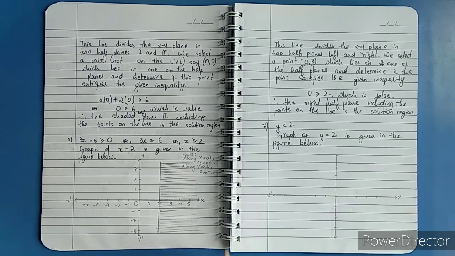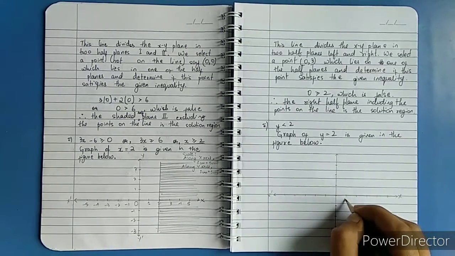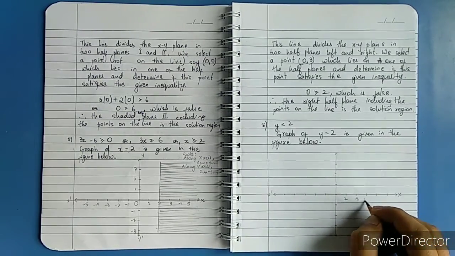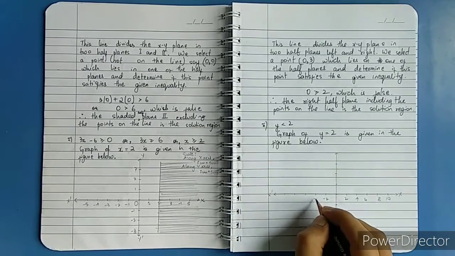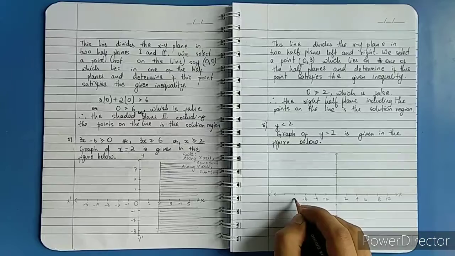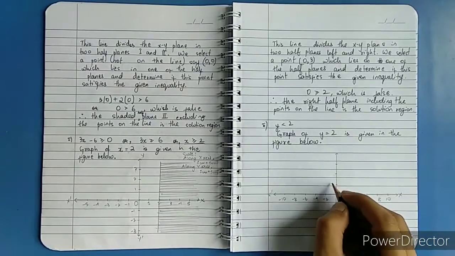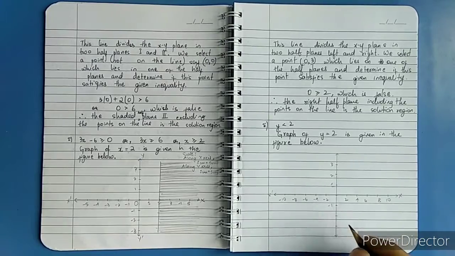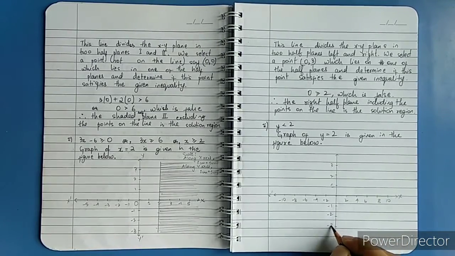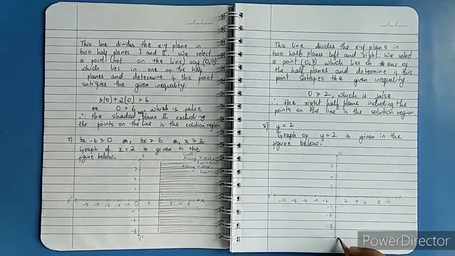Okay, this time let's change the scale a bit. In the x-axis, let's say we take 2, 4, 6, 8, 10, gaps of 2, minus 2, minus 4, minus 6, minus 8, minus 10. In the y-axis, say we take 1, 2, 3, minus 1, minus 2, minus 3. Y prime.